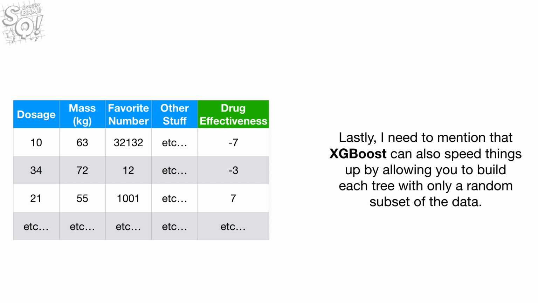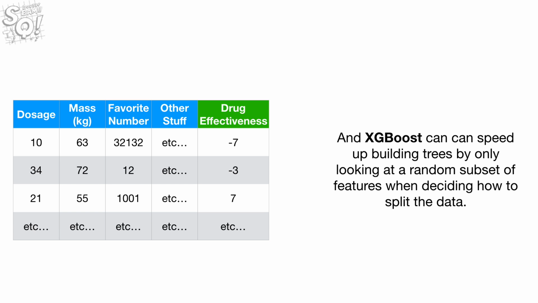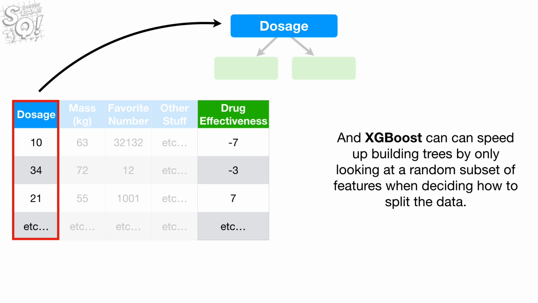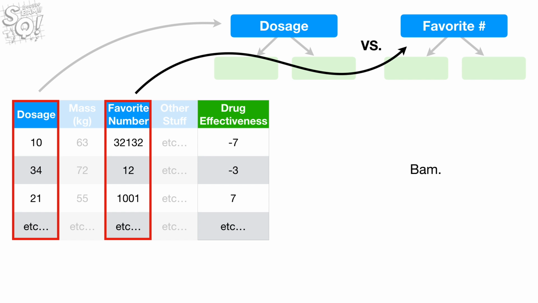Lastly, I need to mention that XGBoost can also speed things up by allowing you to build each tree with only a random subset of the data. And XGBoost can speed up building trees by only looking at a random subset of features when deciding how to split the data. Bam!